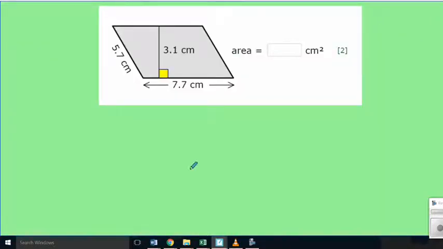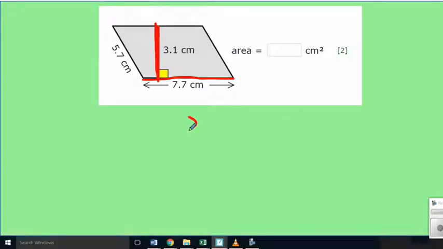Okay, next one. Now this one's a little bit more tricky because we're working with decimals. So it's the same calculation. So we're doing the base, which is 7.7, multiplied by the actual vertical height, which is 3.1. Okay, so let's do column method for this.